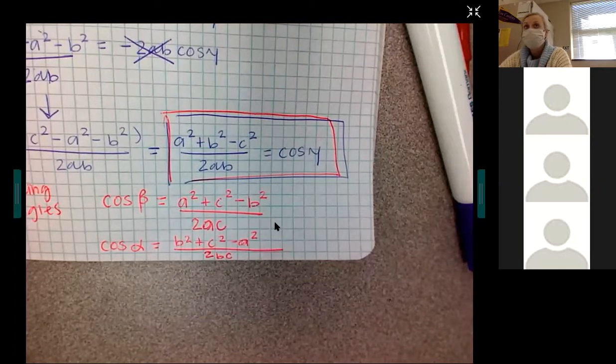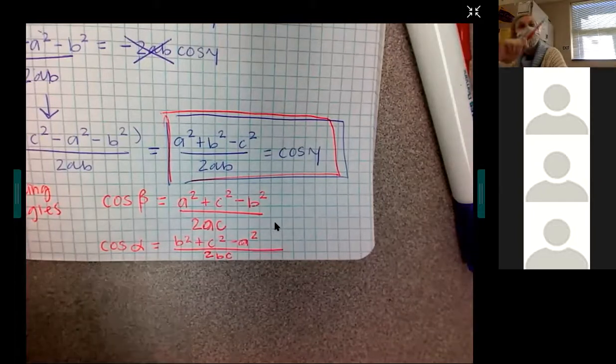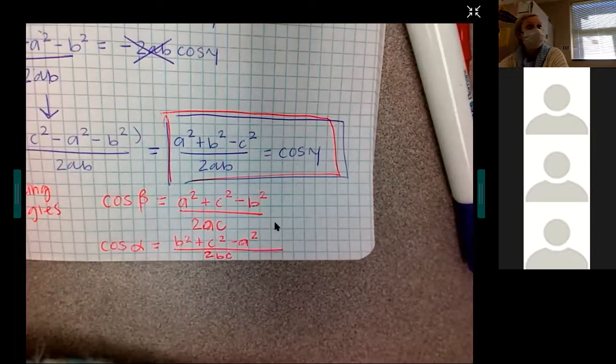How do we feel? I feel like we just need to see an example and practice. I didn't even tell you all the best part. Once you find one of the angles or find one of the sides, then you can set up proportions. So these are easier. Use a formula, find something else, and then you should be able to use law of sines and set up proportions. Okay?